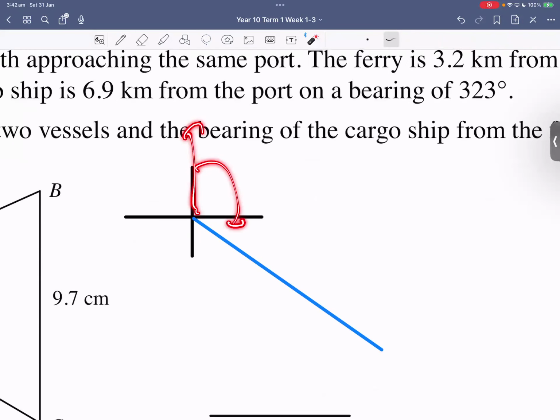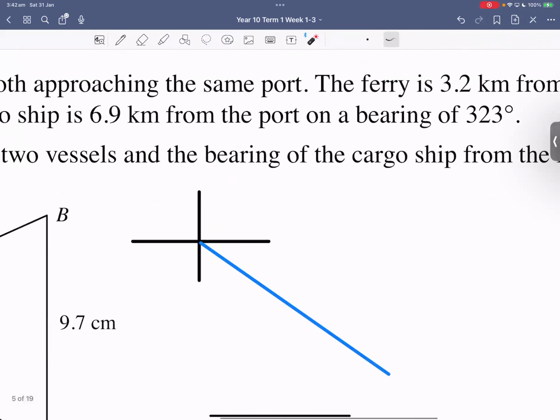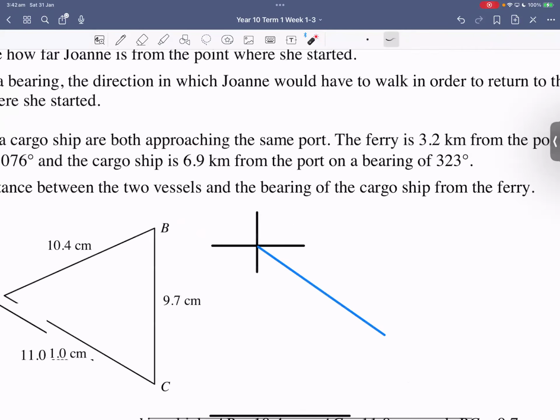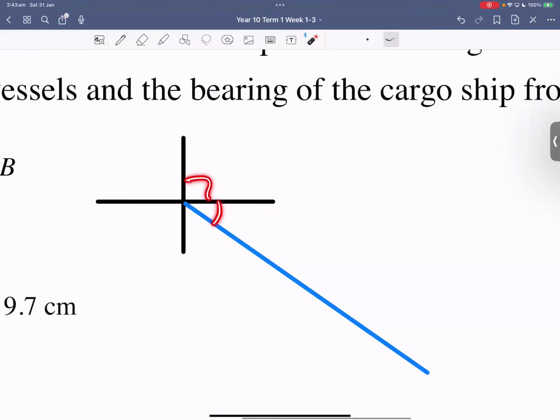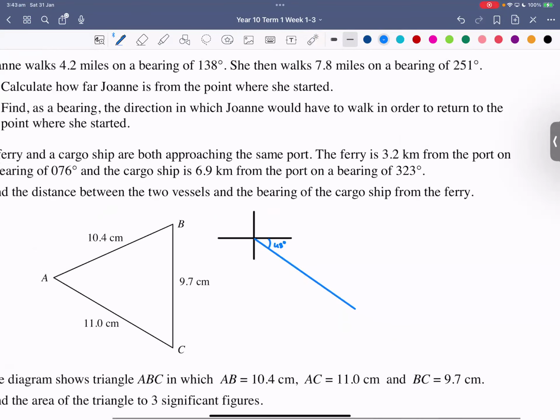Students that have been with me for a while, you'll know that I don't like writing 138 like that. I think it's messy. I'd rather you tell me how much this is or how much that is. So if that's 90, how much extra is that on top of that? 48 degrees? All right, so that's 48 degrees for 4.2 miles.